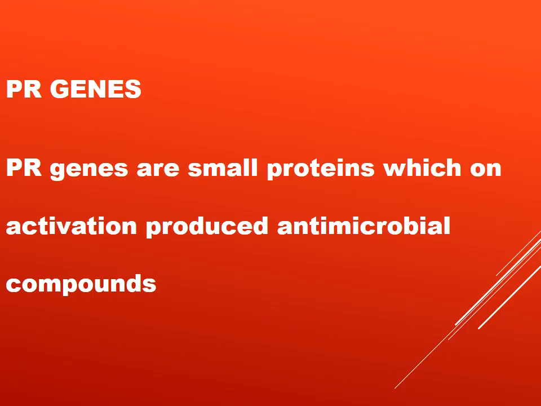PR genes are the pathogenesis related genes, but some people say that this is not an appropriate name for the PR genes because they are more related with resistance than pathogenesis. And without the PR genes, systemic acquired resistance is not possible. So PR genes are small proteins which on activation produce antimicrobial compounds.